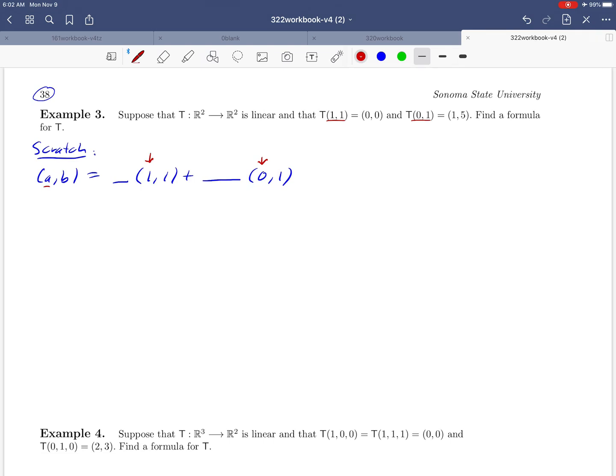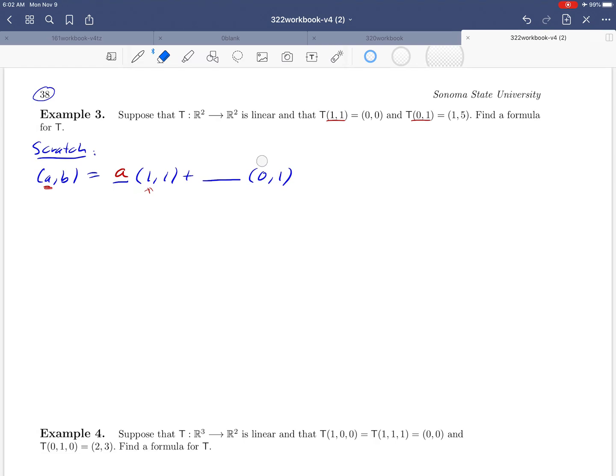The first thing you might notice is that there's a 0 over here, so it's totally irrelevant what goes in this blank, because it's just going to get multiplied by 0. What that means is that we need to put an A here so that A times 1 gives us the A that we have on the left-hand side. So A has to go in the first blank to make this work.